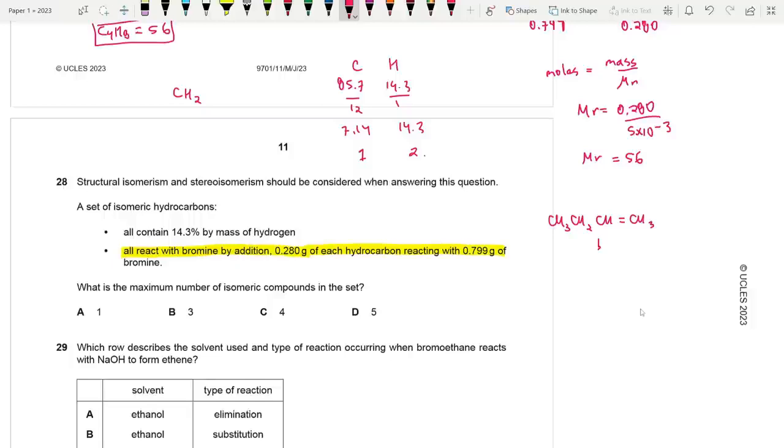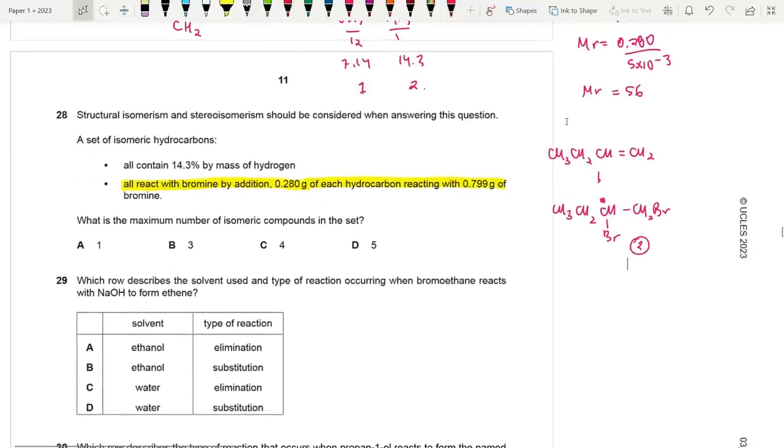Now after addition of bromine, we are going to end up with CH3CH2CHBrCH2Br. So this is chiral, so we actually end up with 2 isomers over here.